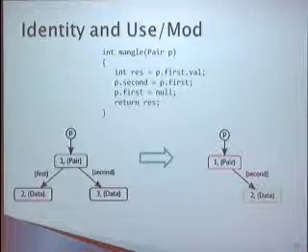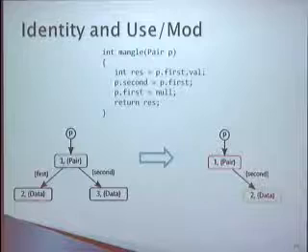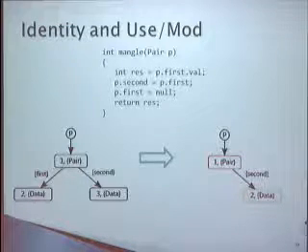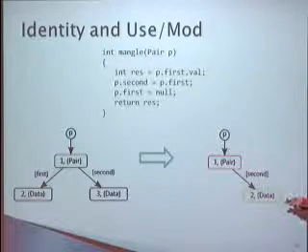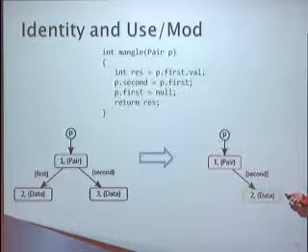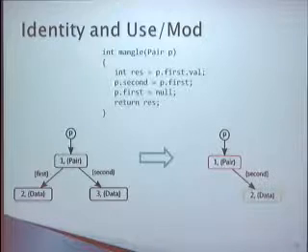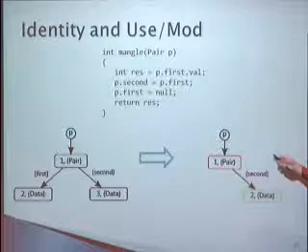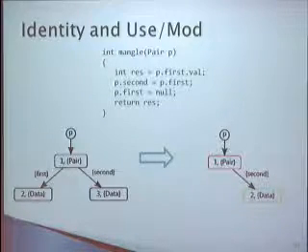So we simply color the nodes green if any field has been used, and if any field has been used and written, it's colored red. So we color this pair object red because the first and the second fields are both read and written. And we color this object green because we see that in the first line, it was read.